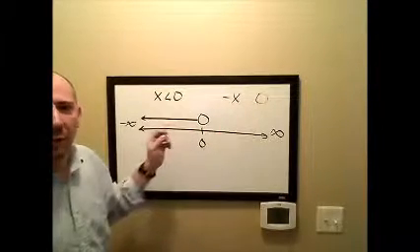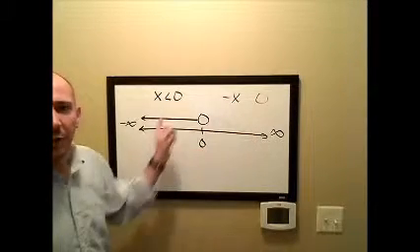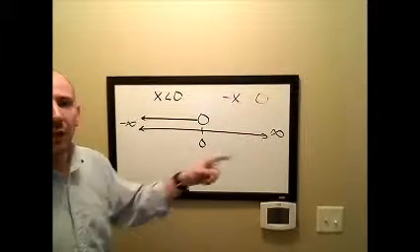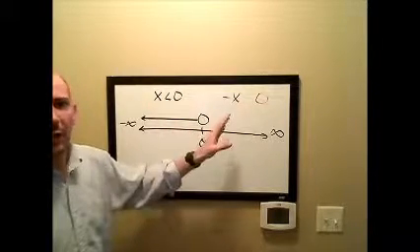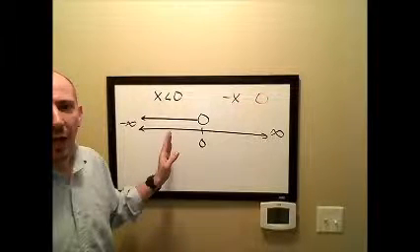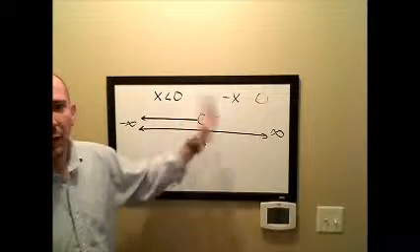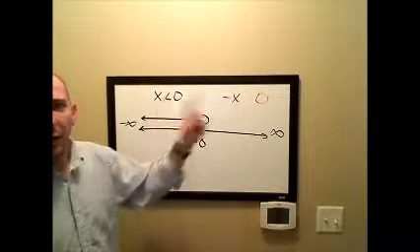You guys see? Here's x. Over there is the opposite of x. Remember, the opposite just means we're going to switch sides over 0. Here's negative 5, and the opposite of negative 5 is over here. So here's x. Now I'm going to do the opposite of x.